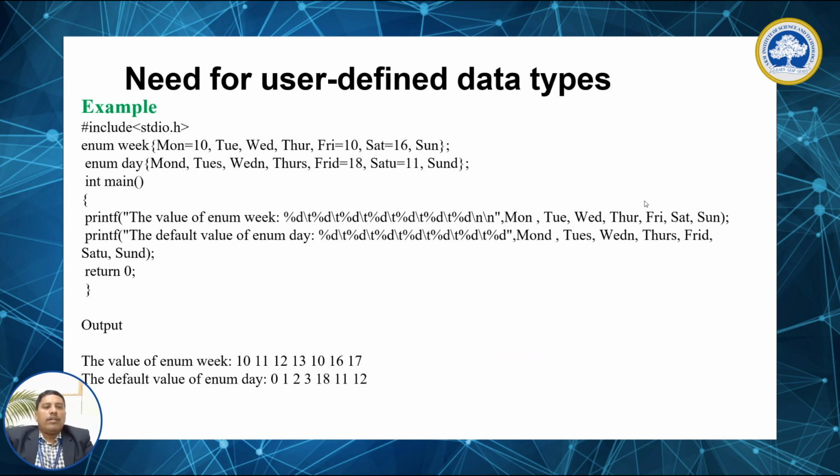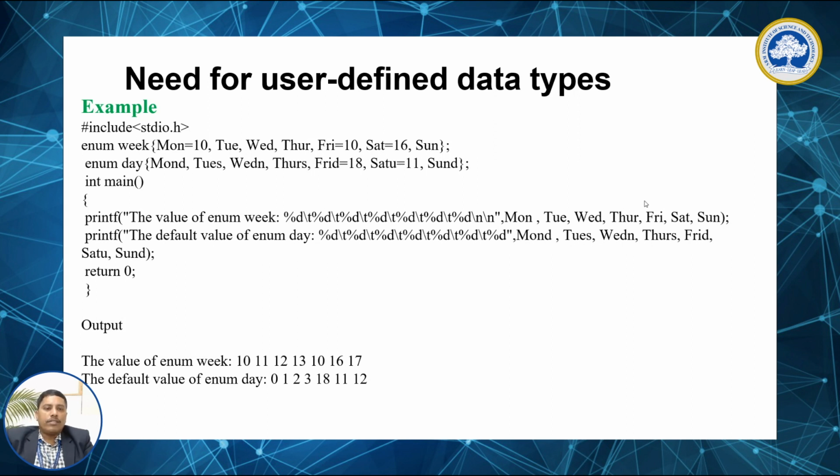For example, enum week with Monday equal to 10. Apart from the defaults, we can assign our own values in enum data types. If we don't assign anything, it begins with 0. Otherwise, whatever value you assign, the next constants are incremented by 1.